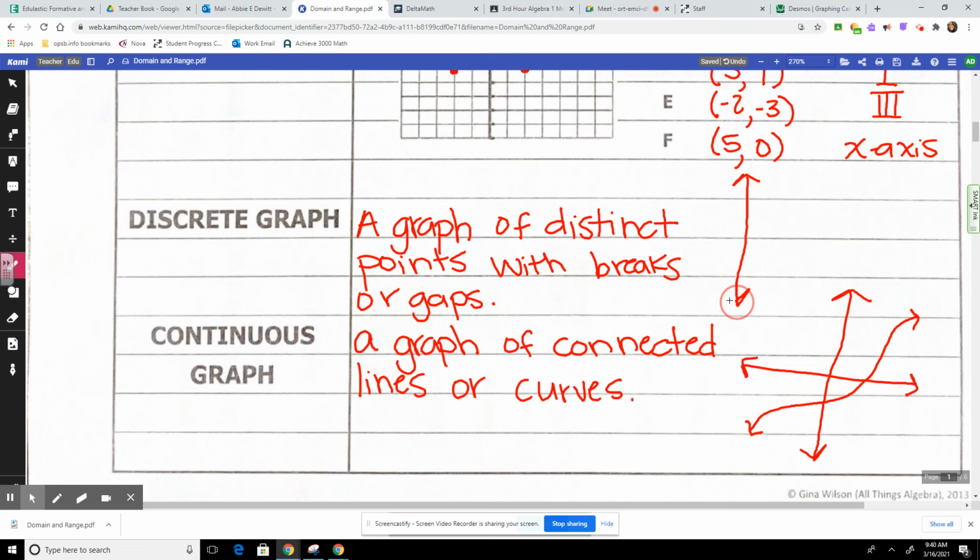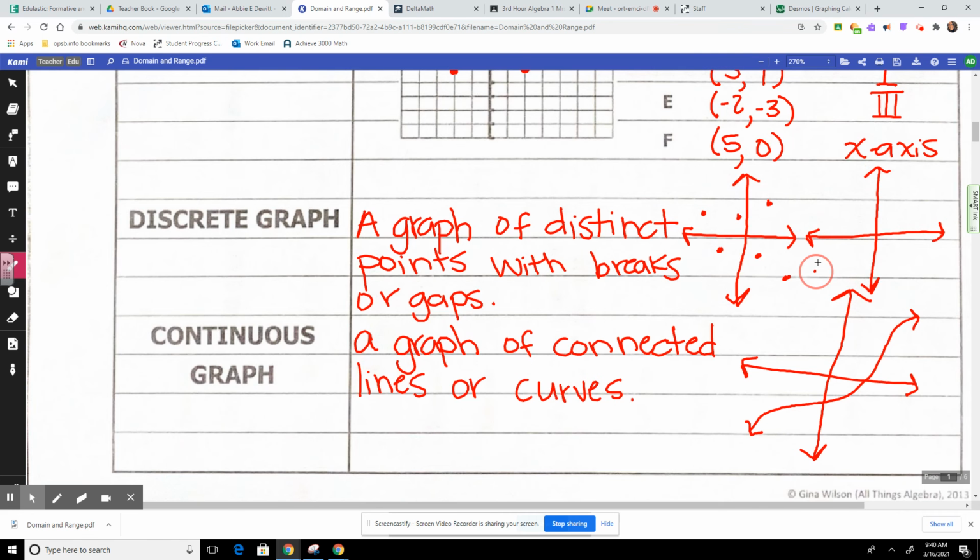I'm going to draw 2 different graphs here. So, of course, we have our graph of just points that aren't connected. Okay. A discrete graph could also look like this, where you have lines where the lines are not connected.